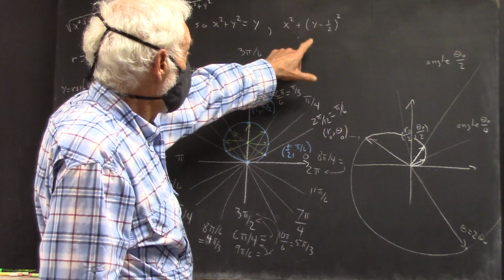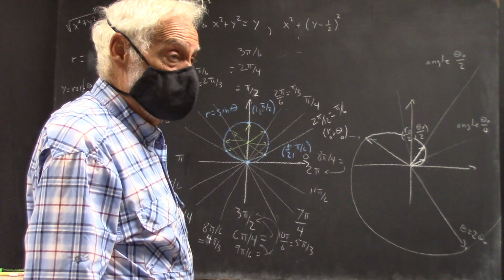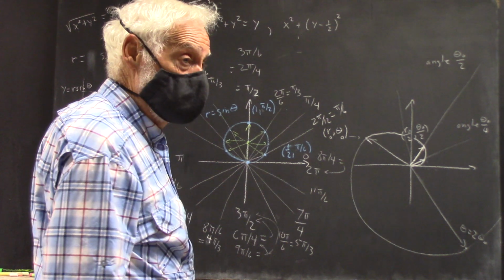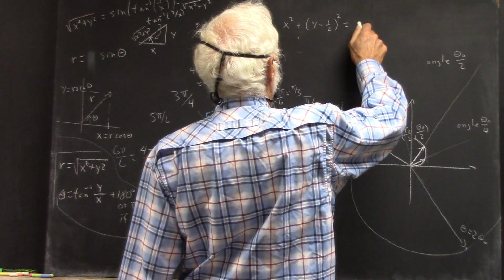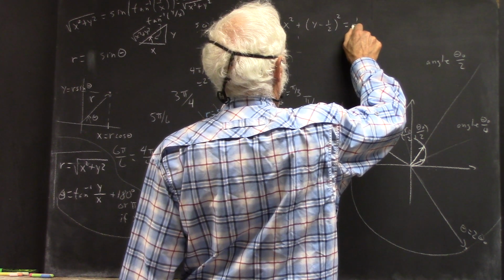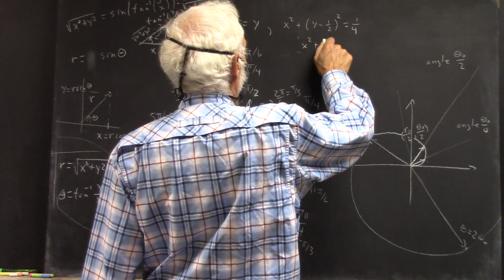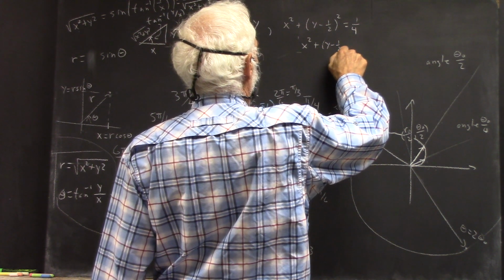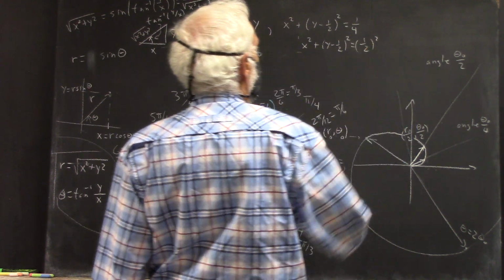You get x squared plus y squared minus y equals 0. You complete the square on y squared minus y: take 1/2 squared, which is 1/4, and add it to both sides. You get x squared plus (y minus 1/2) squared equals (1/2) squared.